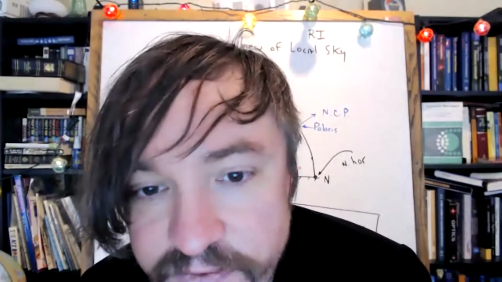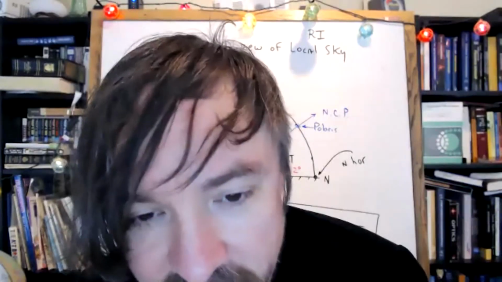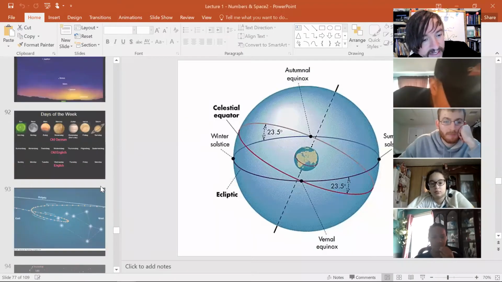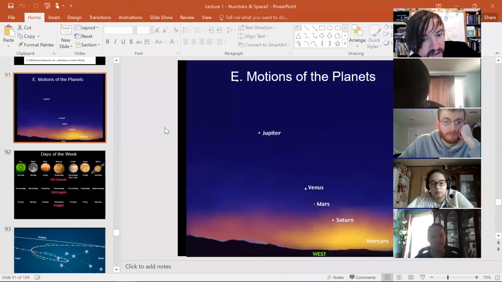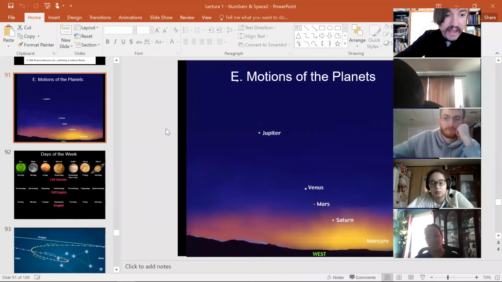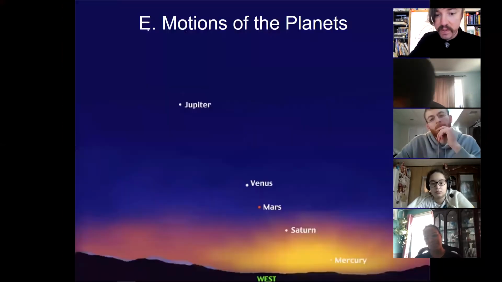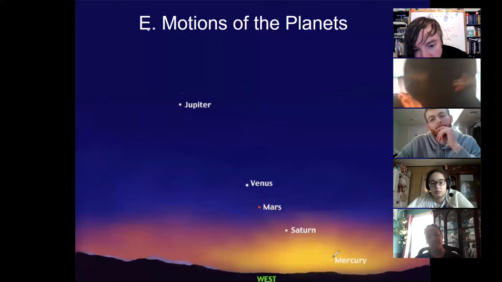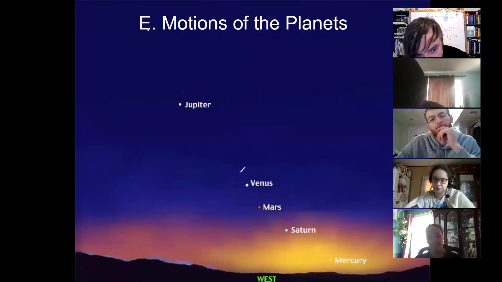There are five naked-eye observable planets. We call them the five planets of classical antiquity. Sometimes they even all appear in the sky at the same time. They are Mercury, Venus, Mars, Jupiter, and Saturn.